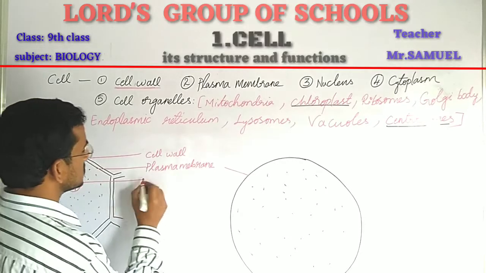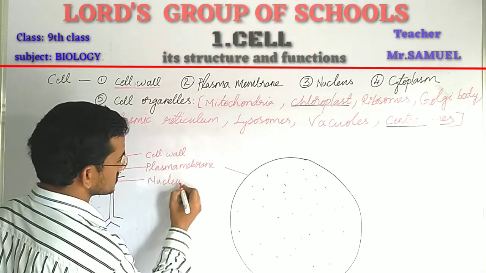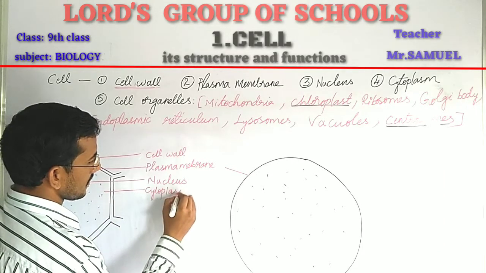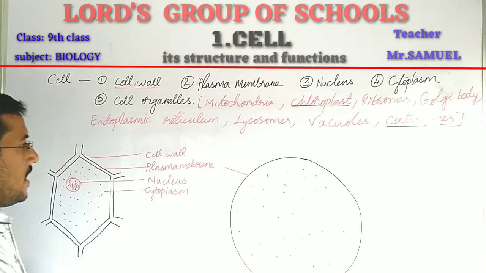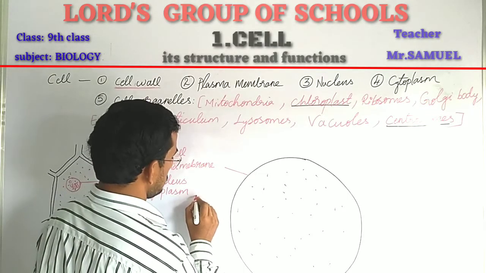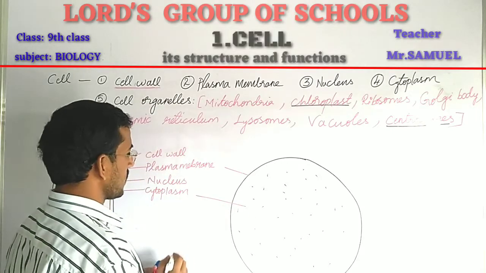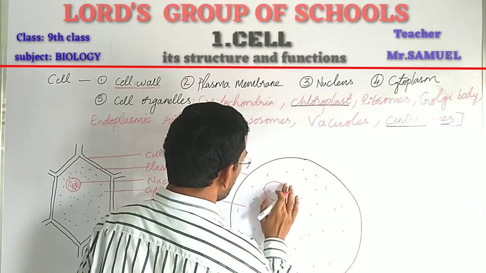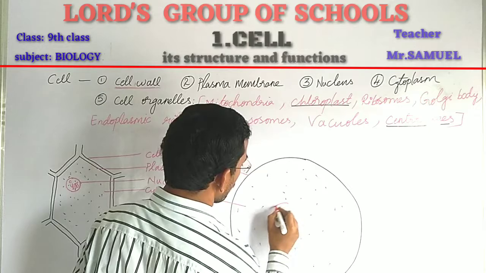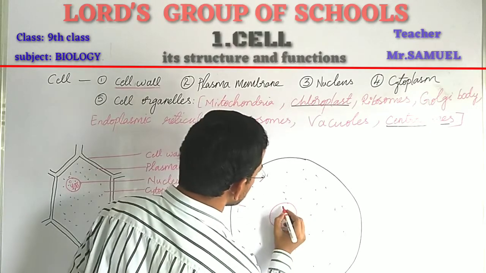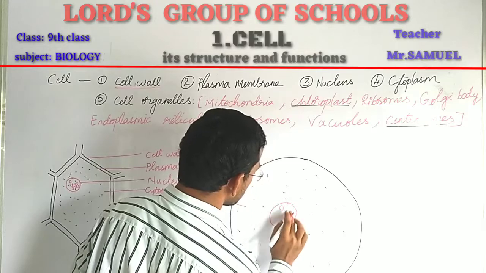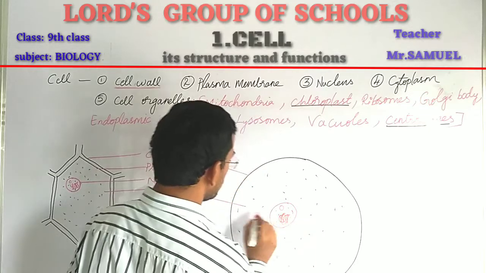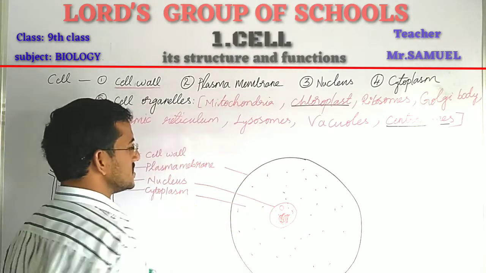So this structure is nucleus and this part is cytoplasm. Let us draw nucleus here. So this is nucleus, nucleolus, then nucleoplasm, then here it is genetic materials. So this structure is nucleus.